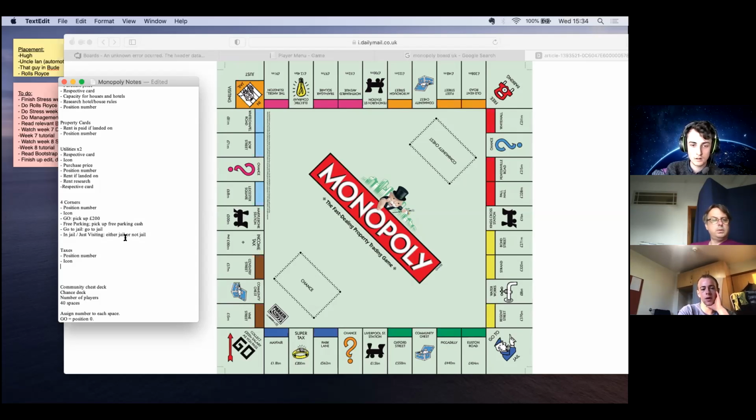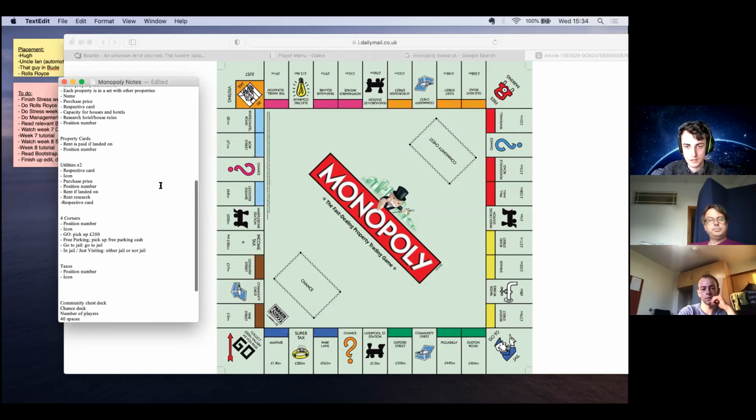Alex, are you regarding in jail and just visiting as different positions, or like different states in the same position? It might be a good idea to have it as a separate space, and then once you get out, you move to just visiting and roll from there. If it is a separate space, then we'd have to change all the other ones. Or maybe it's just one space, but you have the state in jail or not in jail.